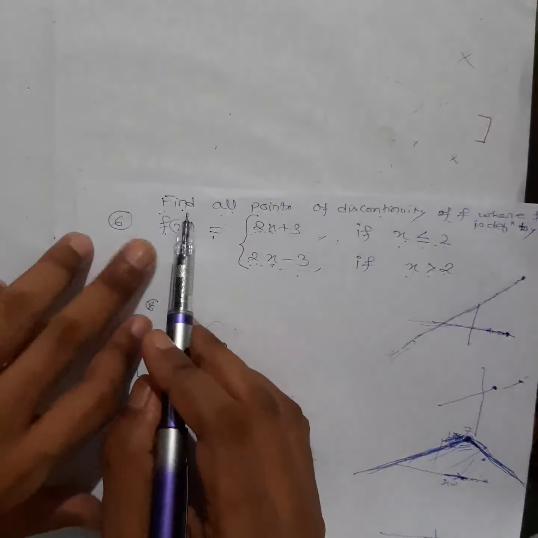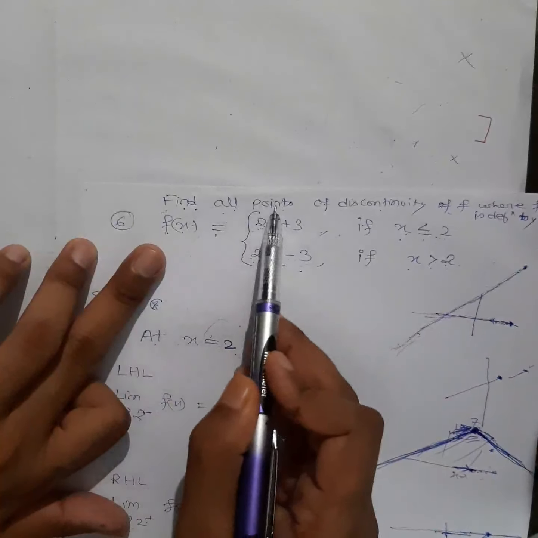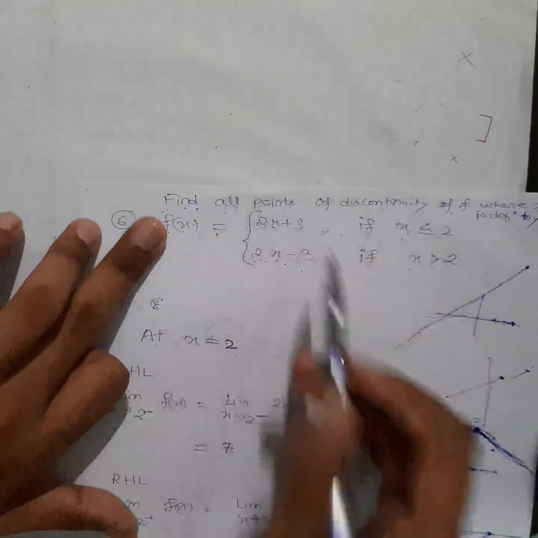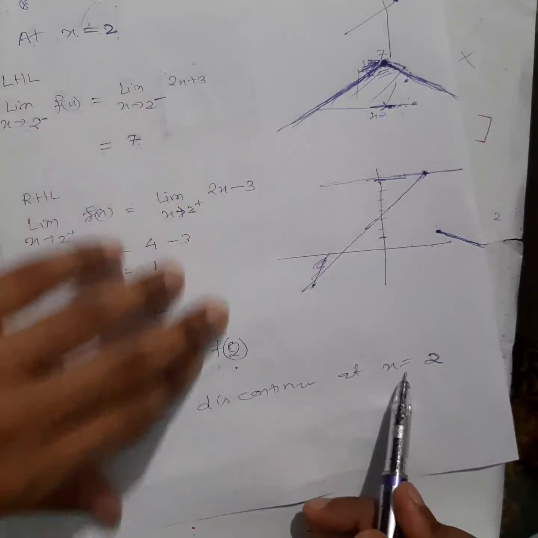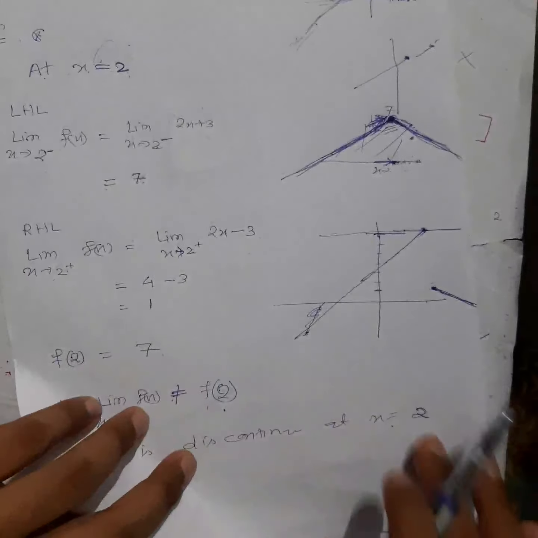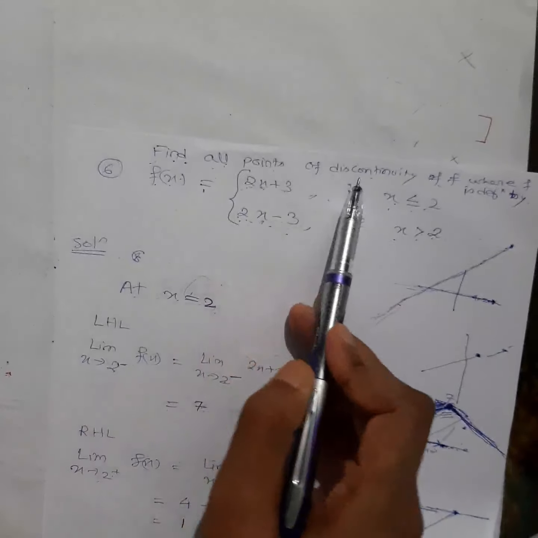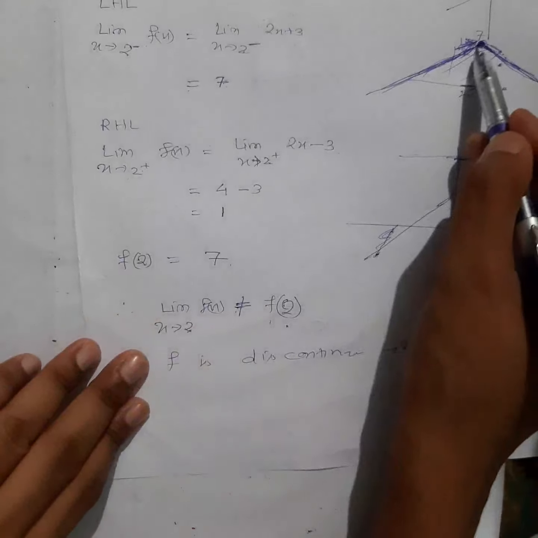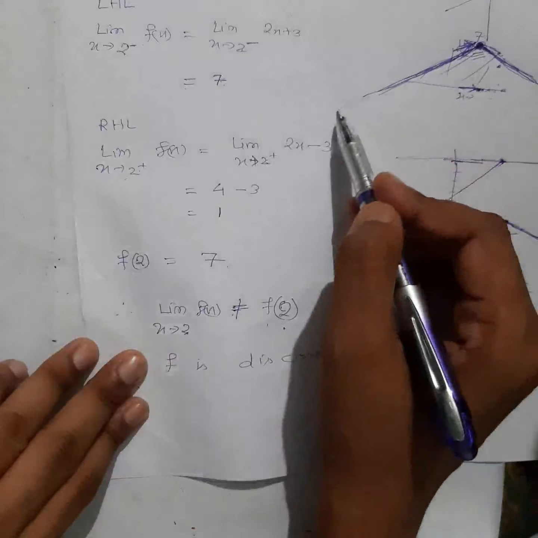And rest, if they ask you, instead of saying discuss the continuity, find all points of discontinuity, this we have already found. This is the only point of discontinuity, so the answer will end here. But if they say discuss the continuity, means we have to discuss at all points what will be the graph.